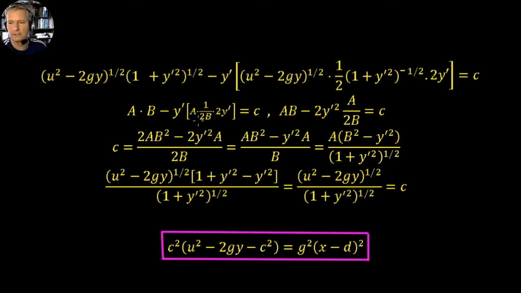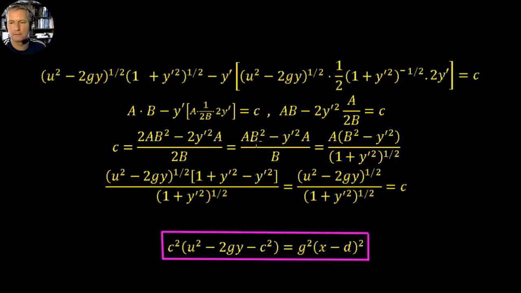So that is a times b minus, well, the y derivative multiplies the y derivative, so you get a 2y derivative squared, and this term here becomes a upon 2b, equal to a constant c. So we can take a common denominator of 2b, and we end up with 2ab squared minus 2y derivative squared times a.